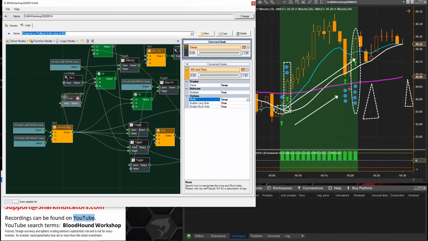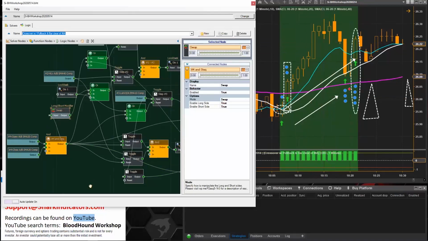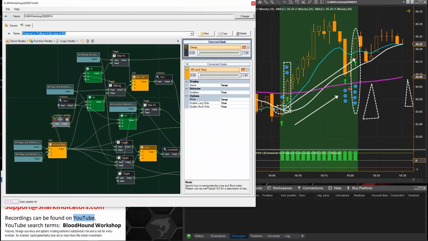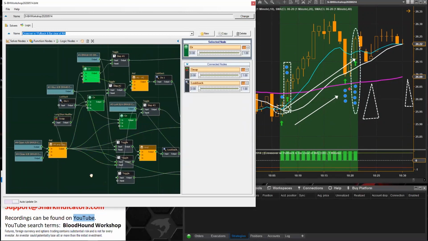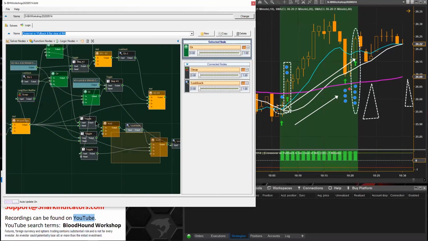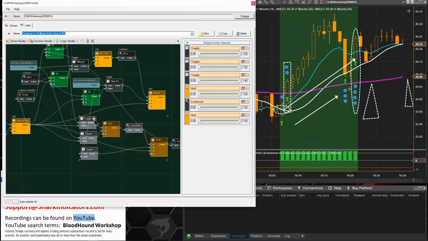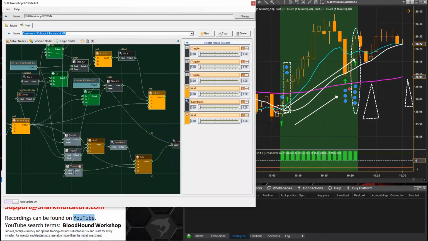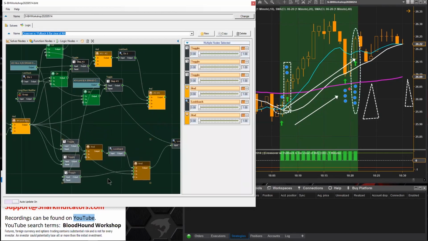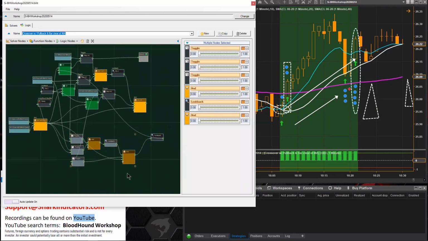So coming out of this, I now have long signals, which are the disqualification signals, to basically kill this long setup. I have this long short modifier going into this OR node. And then what I also had to do, the extreme part of it, was rebuild the logic here.